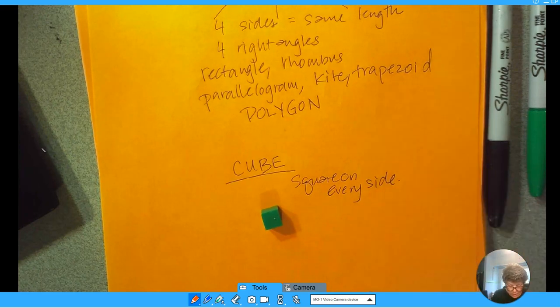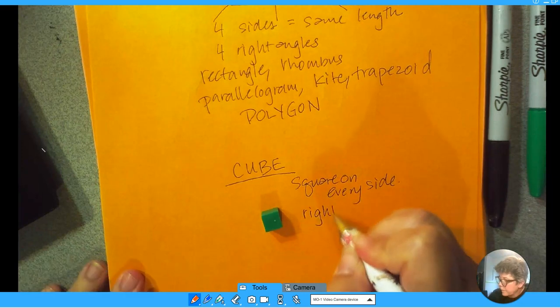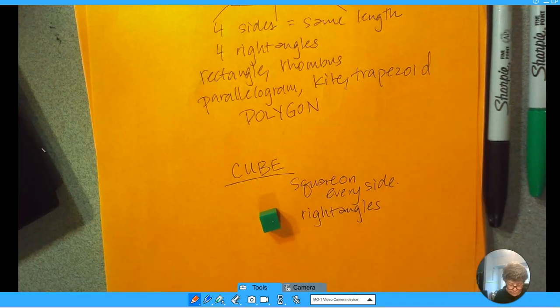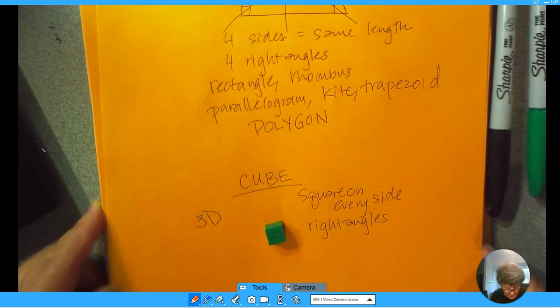Very good. It has right angles. It is a 3-dimensional figure, where a square was a 2-dimensional figure, right? Flat, but 3 dimensions. Very good.